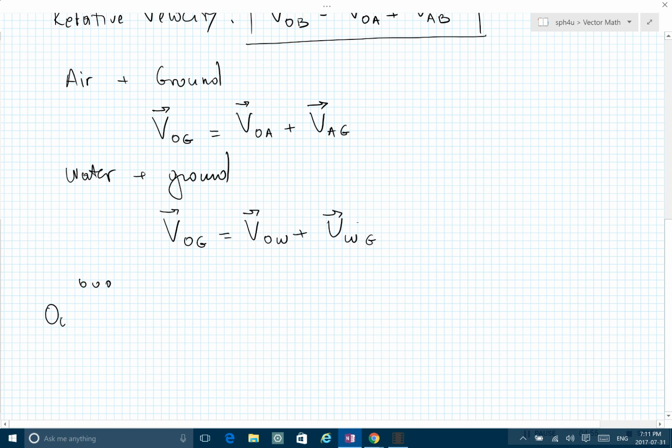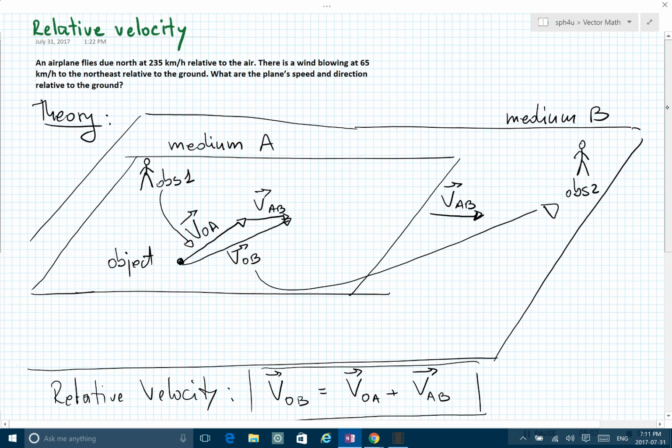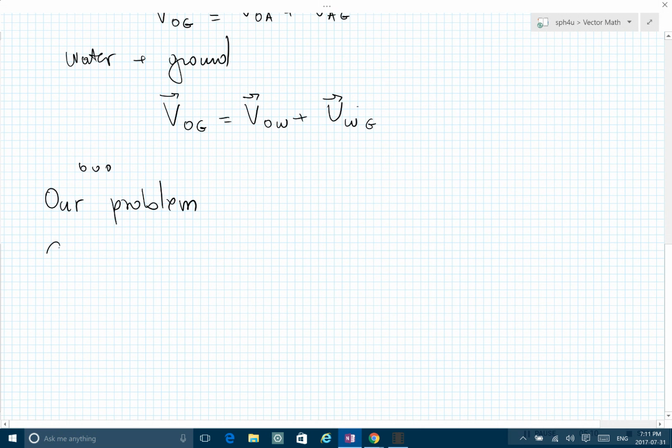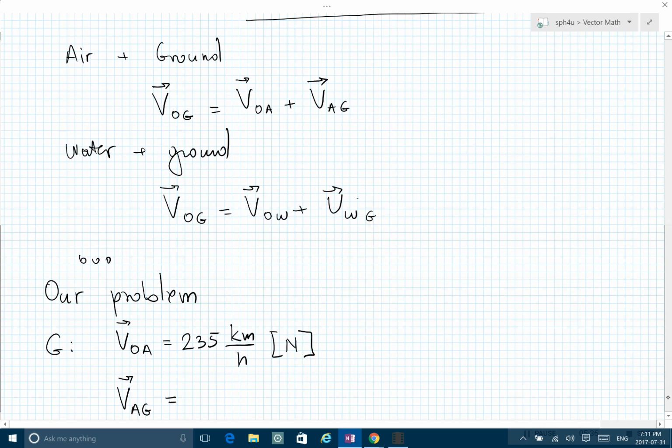So now let's go back to our problem. What is given to us is the airplane speed with respect to the air. So the velocity of the airplane, the object with respect to the air, is 235 kilometers per hour and is due north. And then the wind speed, or the velocity of the air with respect to the ground, is 65 kilometers per hour.